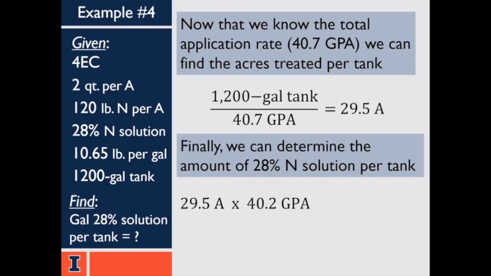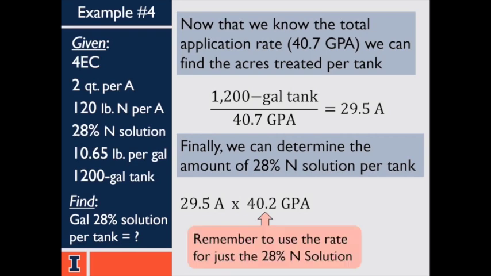To do this, we multiply that 29.5 acres by the application rate of the 28% nitrogen solution, 40.2 gallons per acre, to find the total amount of nitrogen solution per tank to be 1,185.9 gallons.